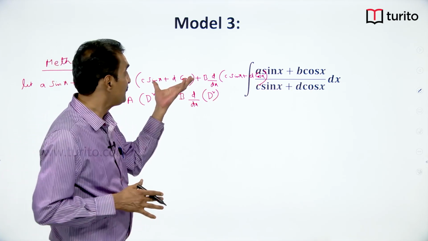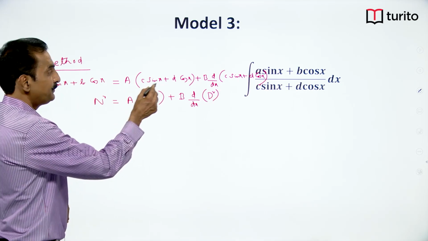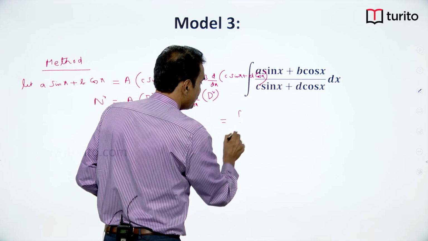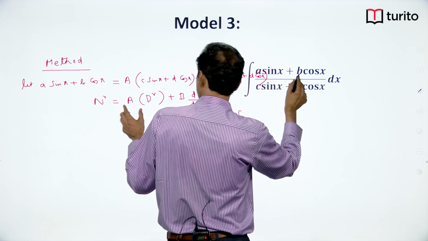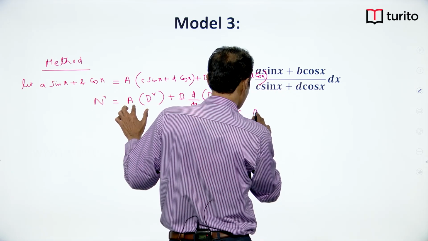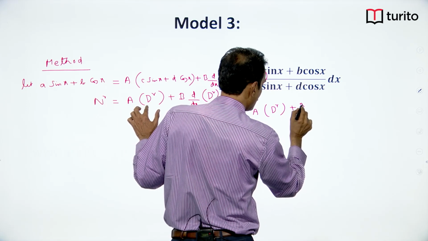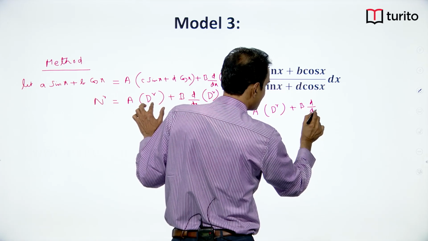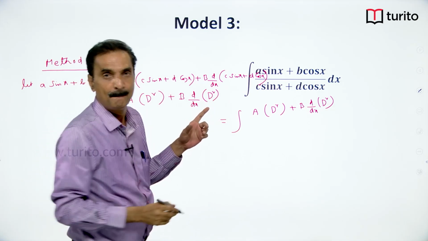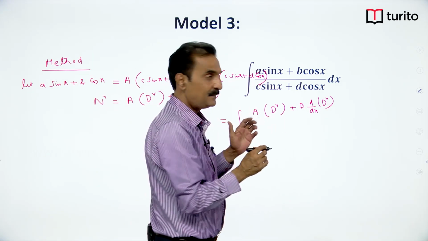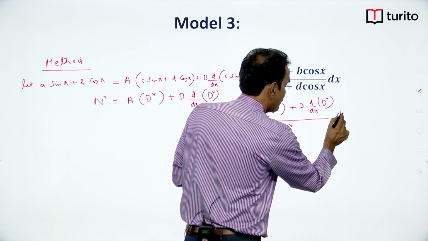After finding A and B, what is the method? This question becomes, I will write numerator as A into denominator plus B into d by dx of denominator, all by denominator.